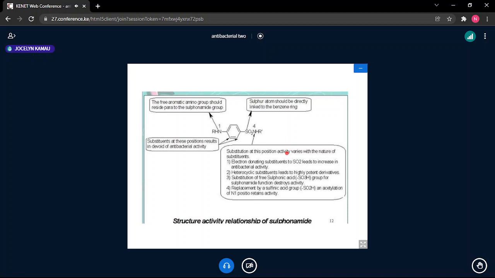So once you get low ionization of that sulfonamide, when it gets into the lower pH, highly acidic environment of the tubules, because the pH of the urine is not the same as the pH of the body. The pH of the urine is at pH 6.